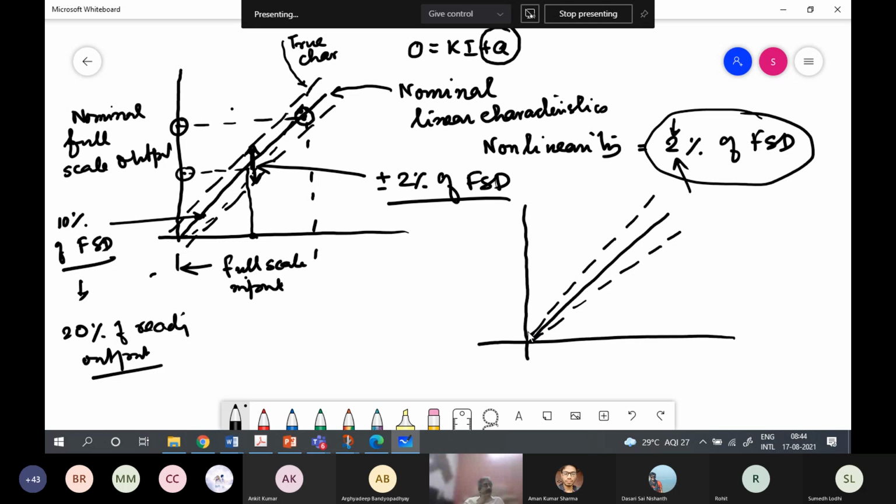So in fact, suppose this is 1000 degrees centigrade, and the error is, let us say, plus minus 5 degrees centigrade. Then this error is 0.5% of FSD.